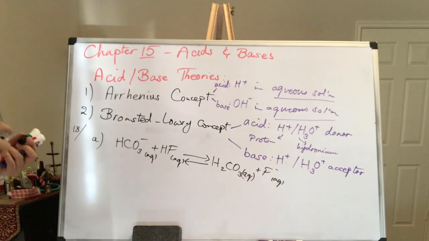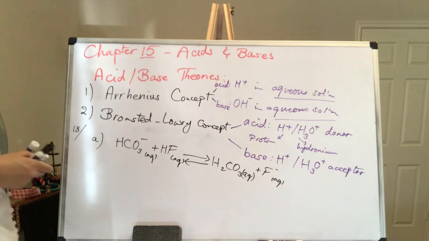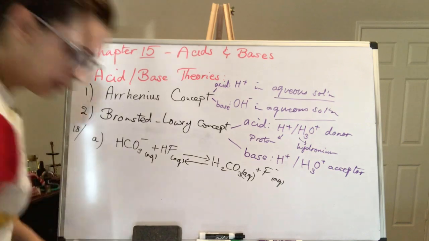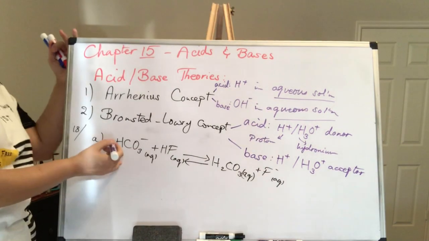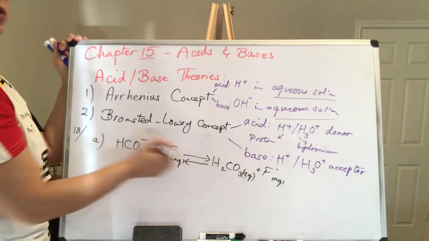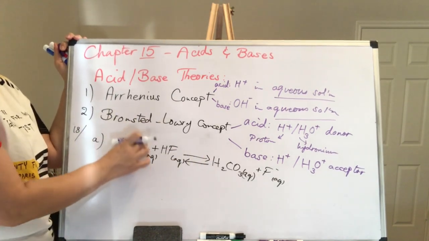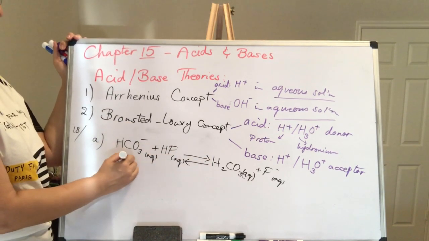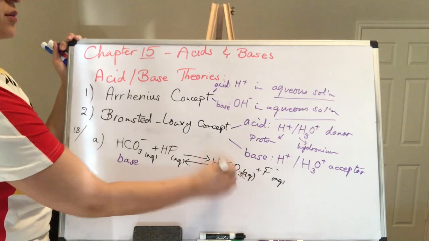So let's determine which one is acid, which one is base, and then identify the conjugate acid-base pairs. So, what is the difference between HCO3- and H2CO3? Which one has more hydrogen? It seems like this has accepted the proton, right? So HCO3- is a base, H2CO3 is an acid, right?